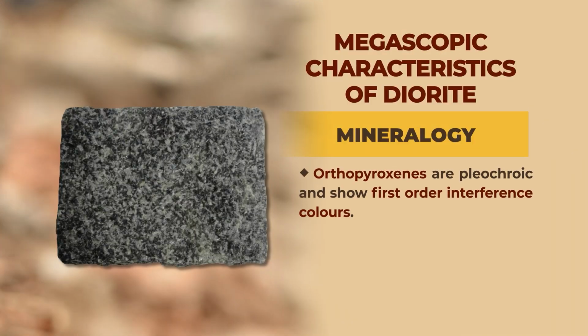Orthopyroxenes can also be recognized based on their pleochroism under plane polarized light, and they also show first order interference colors. Both orthopyroxenes and clinopyroxenes are known to show interference colors, which are usually brighter in shades. Sometimes the plagioclases are altered to cerussite, and as a result, they look cloudy in nature.